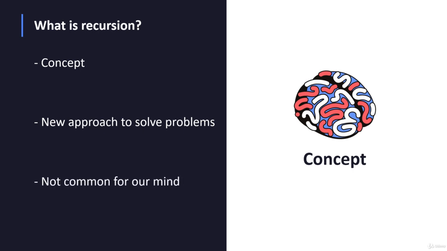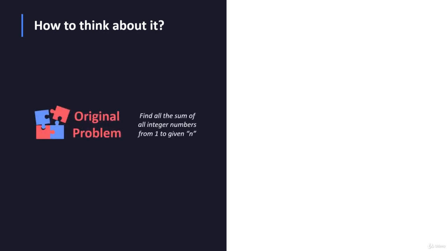And okay, so we said that it's not common for our minds, but how to think about it? I want you to start with a simple example. Suppose we've got some problem, let's call it the original problem, some question or problem that we simply want to solve.